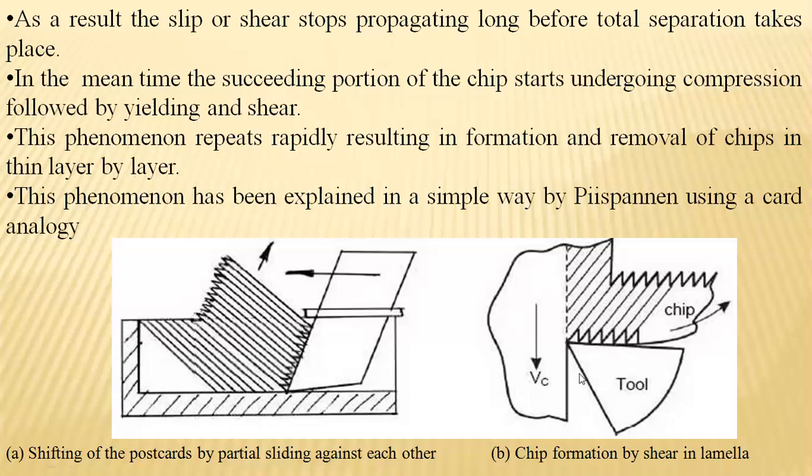But in the case of oblique cutting, that is beyond the limitations of 90 degrees, shear and lamellar types of chips will be elevated. We will take a detailed look in the diagram.